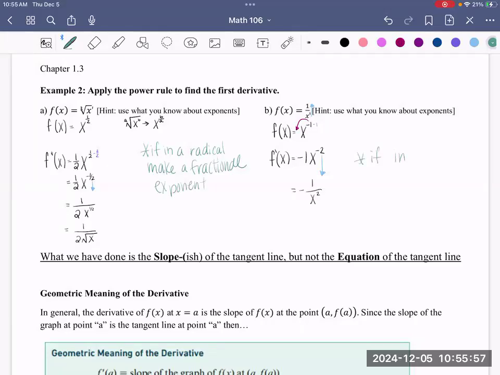If in the denominator, put into numerator and change the sign of the power or the degree.